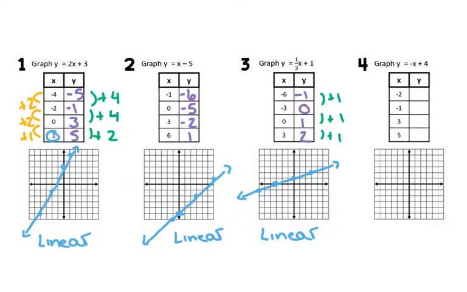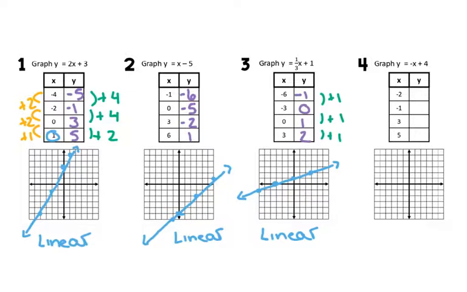And then our last one here, maybe pause the video and see if you can do this last one. Hopefully at this time you've paused the video and you've worked this out. So this one is like a -1 times whatever x is.